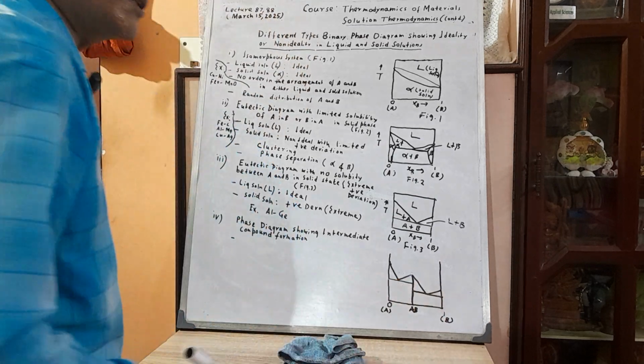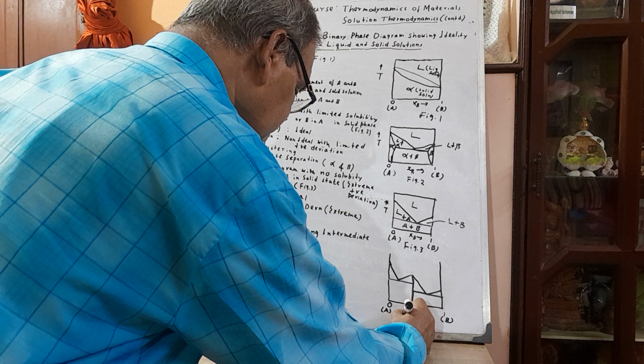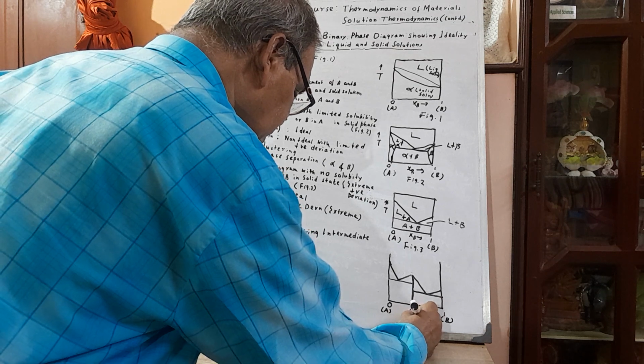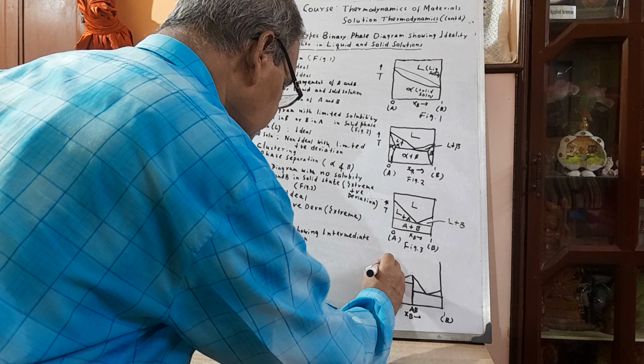This is the AB stoichiometric compound. So XB is moving from 0 to 1, as you understand. This is the temperature axis moving up.